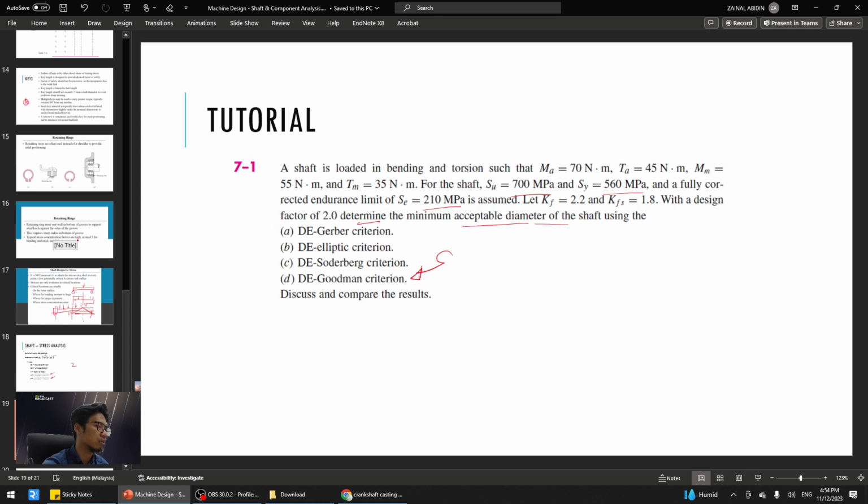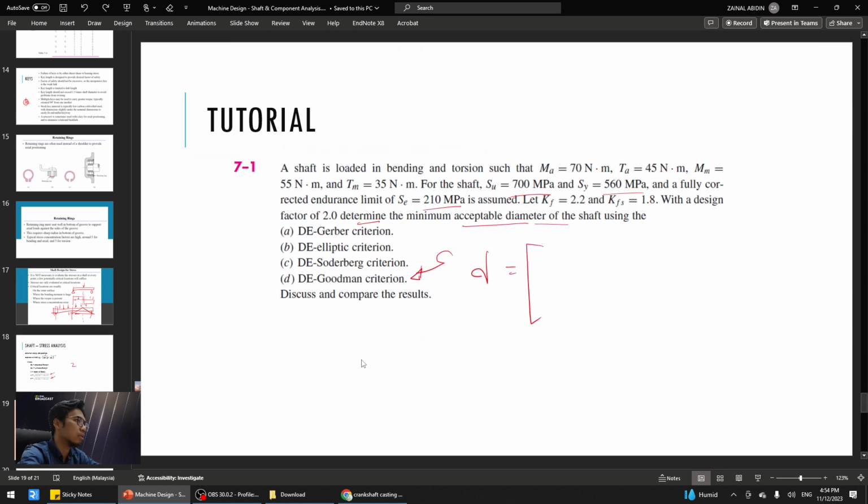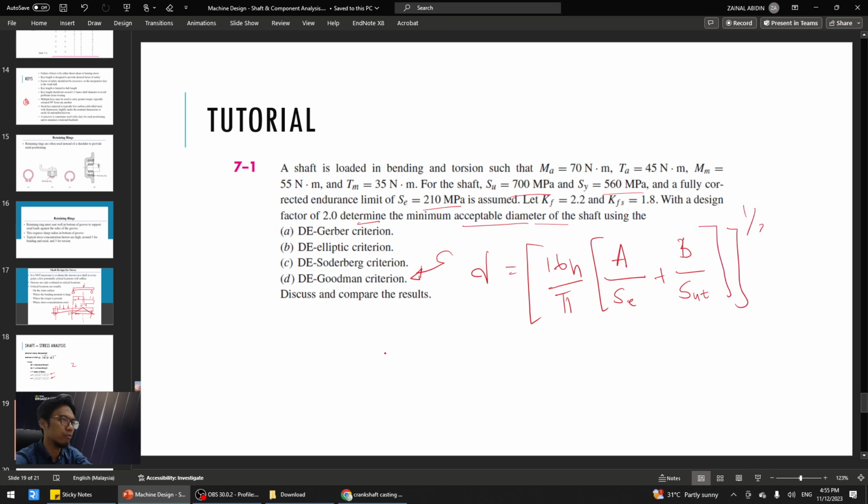Goodman criterion for this problem is D equal to 16, and pi, A divided by endurance strength plus B divided by ultimate strength, tutup kurungan power of 1/3.